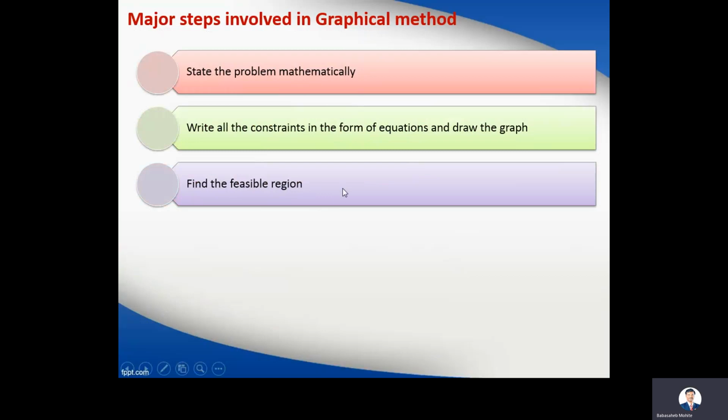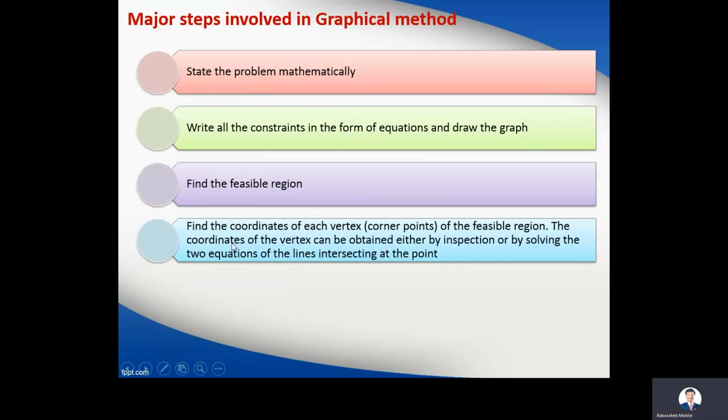The feasible region may be bounded or unbounded. Bounded means the region has closed boundaries, and then that region is called a bounded feasible region. If the boundaries are not closed, then it is an unbounded feasible region. Then find the coordinates of each vertex. A vertex is nothing but a corner point of a feasible region.